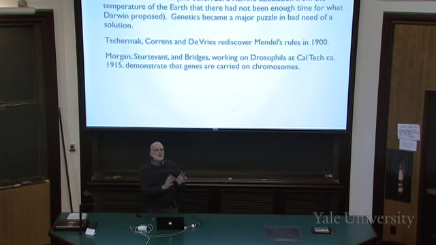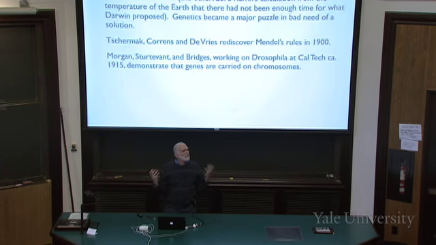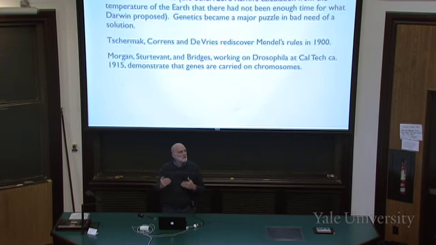And enough was then known about cytology that we knew chromosomes had an elaborate kind of behavior at mitosis and meiosis. About 1915, people showed that the behavior of chromosomes was consistent with Mendel's laws. They didn't know at that point what chromosomes were made out of. They had no notion of the genetic code, but they could establish experimentally that genes were on chromosomes, and that was done by 1915.